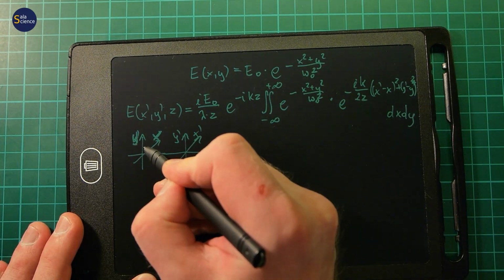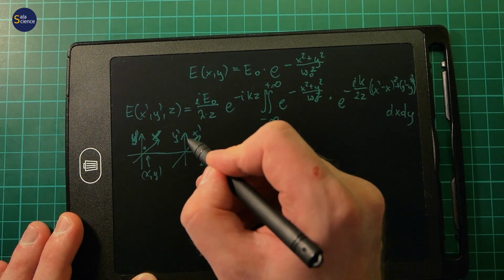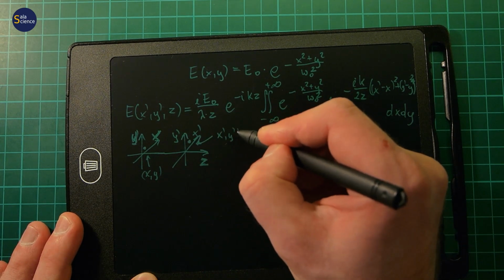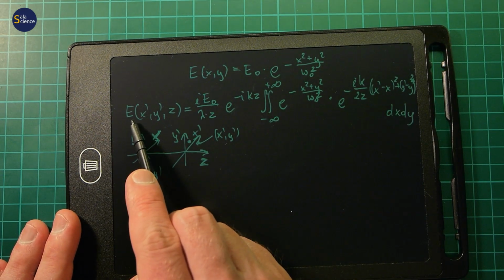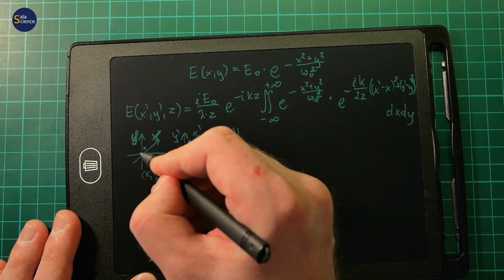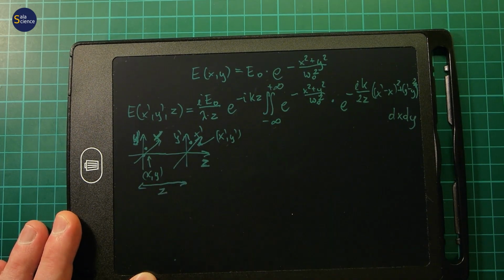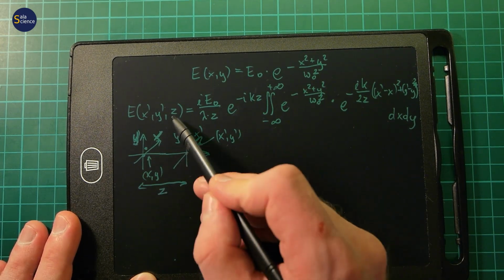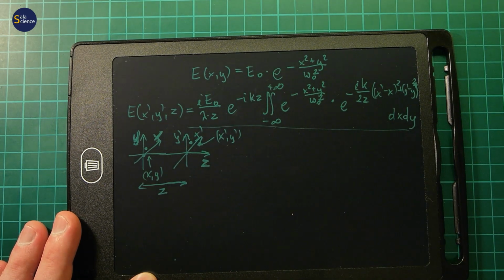So in this plane we have some point x, y, and in the next plane we have x prime, y prime. And we are calculating the electric field intensity at the point x prime, y prime. Here is the origin, so this distance is z. So at point x prime, y prime, at z, we have the electric field described by the Fresnel approximation.